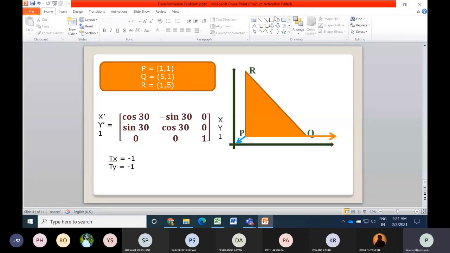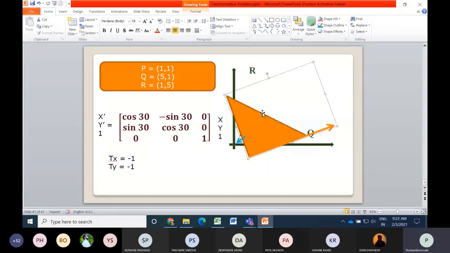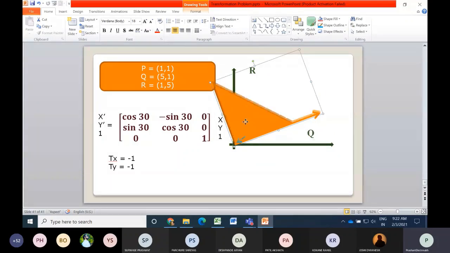So let's move here, then rotate by 30 degree. When we rotate by 30, this point will remain here only. So this is your rotation by 30, theta becomes 30 degree.